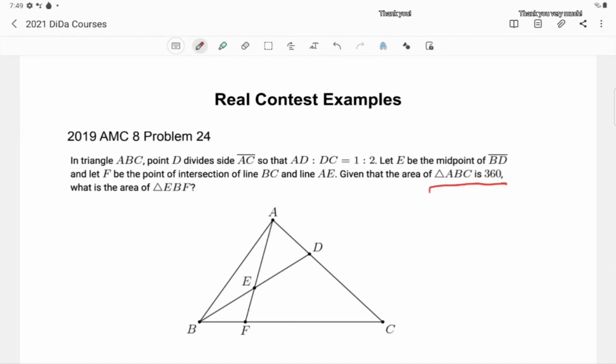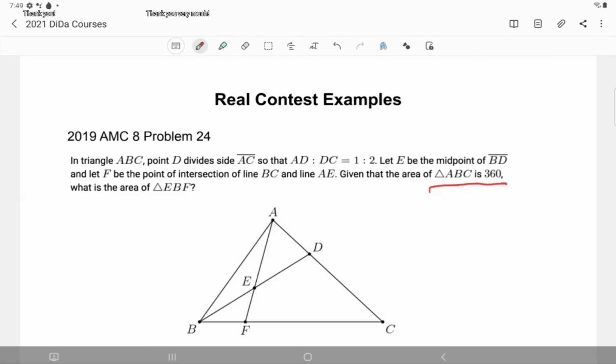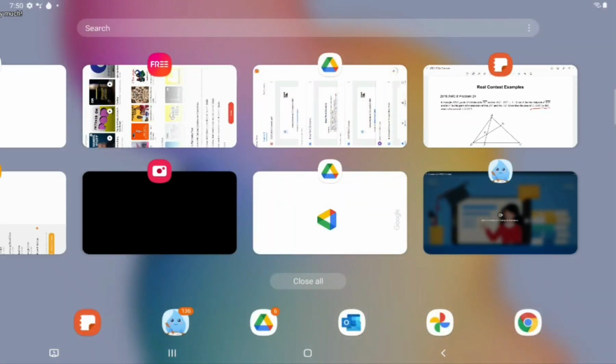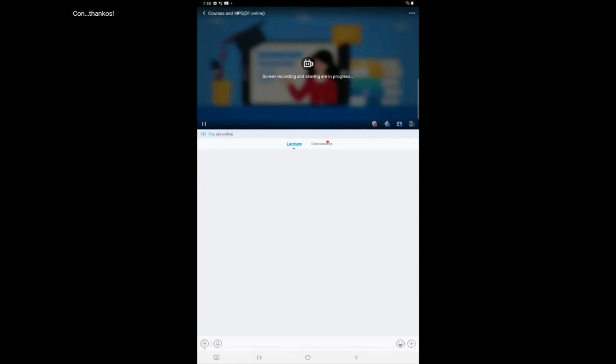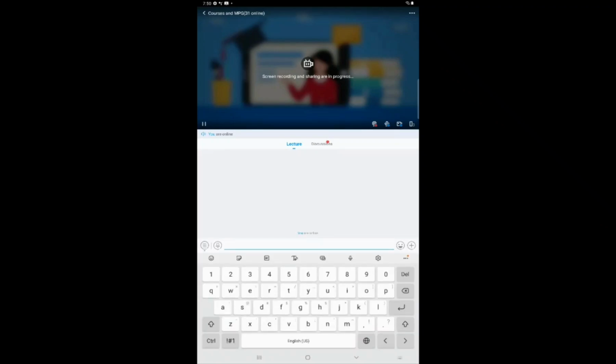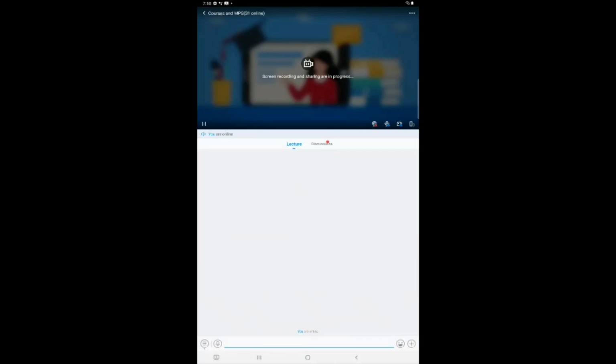So I go back to the app, the DDAR learning app. Sorry, it wouldn't. Wait, I can do it. So I will rotate it to this mode. I'm trying to tell you how you can communicate with me even without using the discussion area.